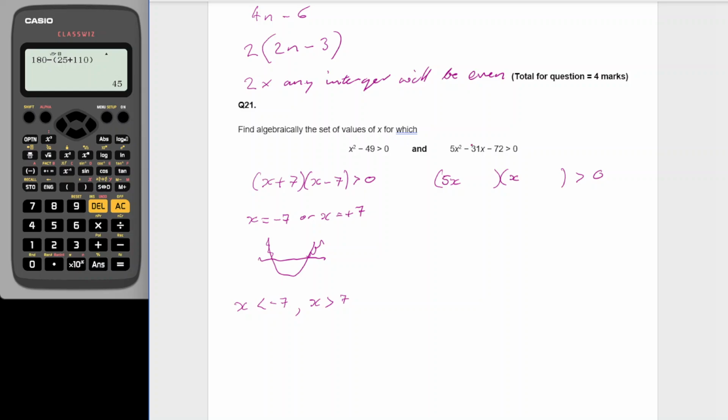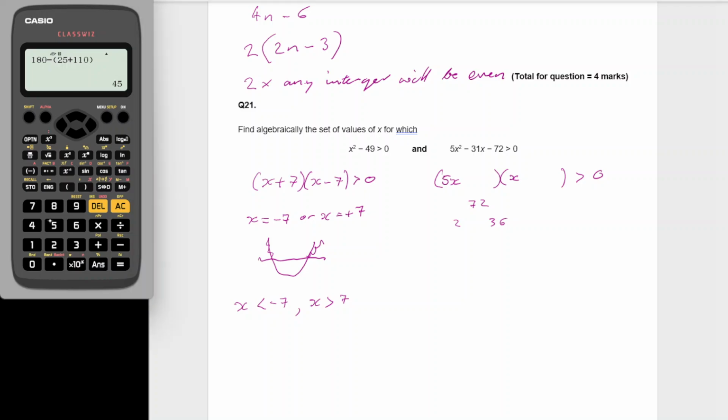If I think about factors of 72 now, we could have 1 and 72, which isn't going to work to make a minus that. We could have 2 and 36, which would give me close. So I could have 36 minus 10, minus 36 plus 10 even, which doesn't quite work though.